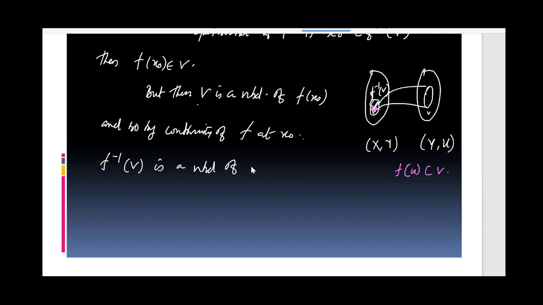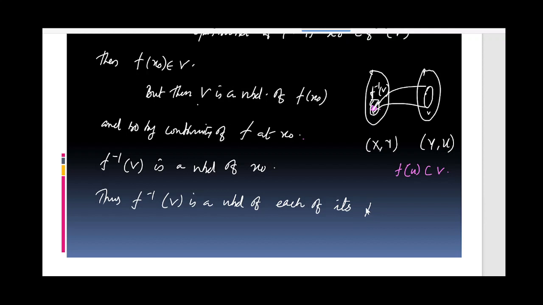Thus, f inverse of V is a neighborhood of each of its points.